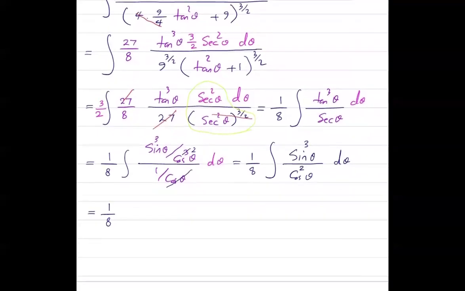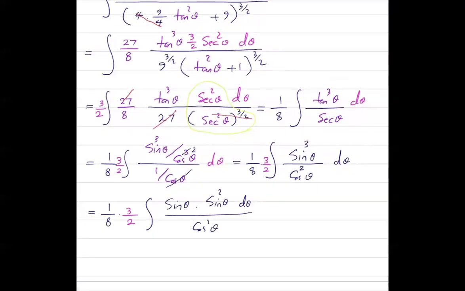So we get 3 halves as well. Perfect. Times 3 halves. Very good. So you have the integral of sine theta times sine squared of theta d theta divided by cosine squared of theta. This is equal to 3 over 16 of the integral of sine theta times (1 minus cosine squared of theta) divided by cosine squared of theta d theta.